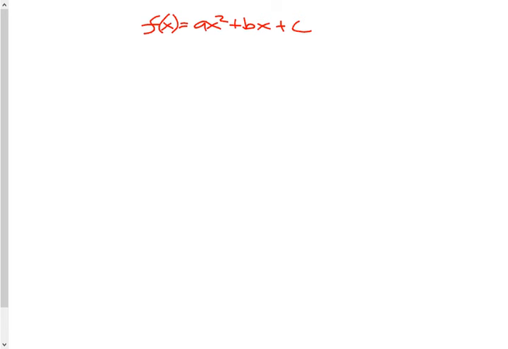It could be an expression with no equal sign. It could be an equation with y equals, or it could be a function. And what can you do with this? This is called standard form.